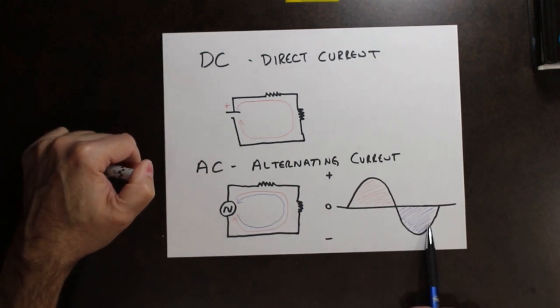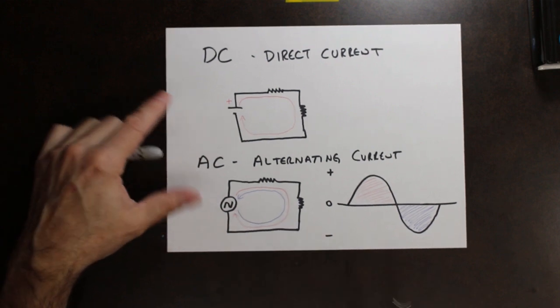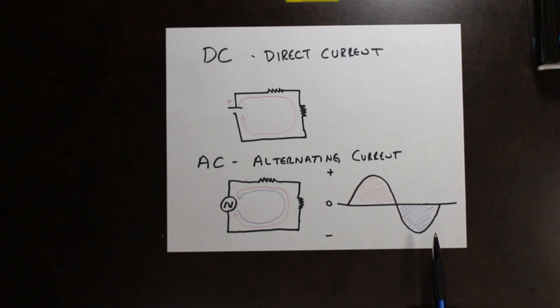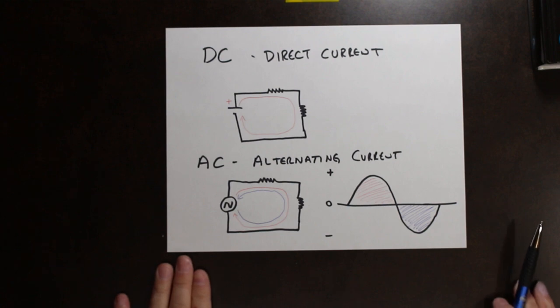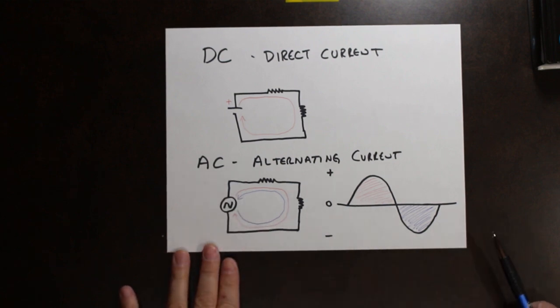The negative side of this waveform, the current is flowing in this direction. So again, negative doesn't mean smaller in electricity. Negative has to do with direction. So this waveform is what we're talking about when we're looking at AC.